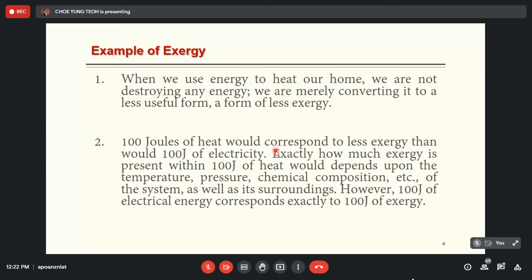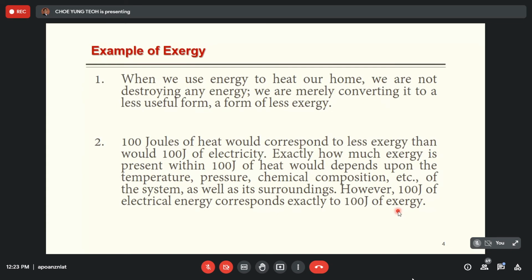Number two, 100 joules of heat corresponds to less Exergy than 100 joules of electricity. How much Exergy is present in 100 joules of heat depends upon the temperature, pressure, and chemical composition of the system, as well as the surroundings. However, 100 joules of electrical energy corresponds exactly to 100 joules of Exergy.